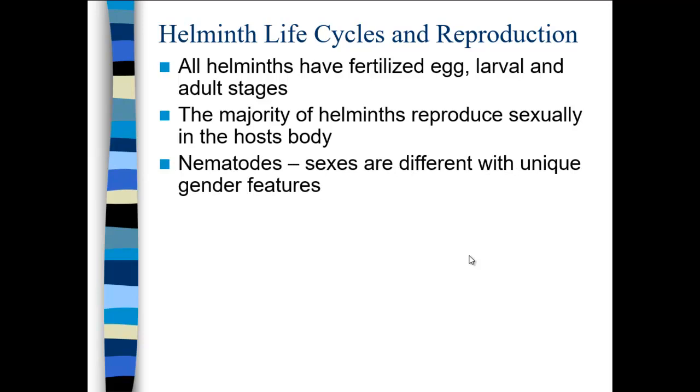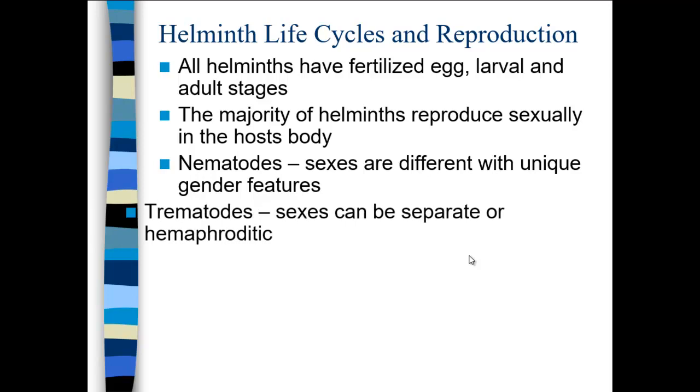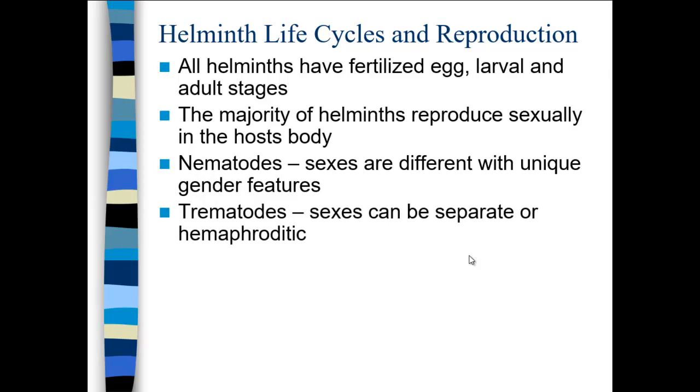In nematodes, those are roundworms, the sexes are different with unique gender features. In trematodes, the sexes can be separate or they can be hermaphroditic. Hermaphroditic means that the same individual has both male and female parts. And then cestodes are generally hermaphroditic. Remember, trematodes and cestodes are flatworms.